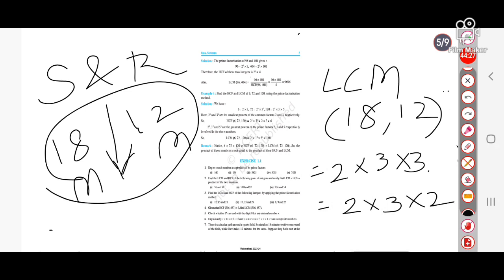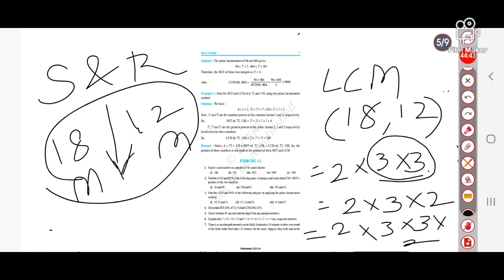For LCM we write the common values once and the rest of the values as they are. So these 3, these 3 as it is, these 2, these 2 as it is. So 2 cross 3 cross 3 cross 2, and the result we get is 36.